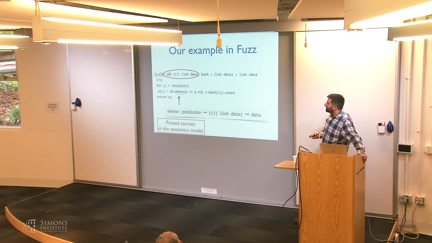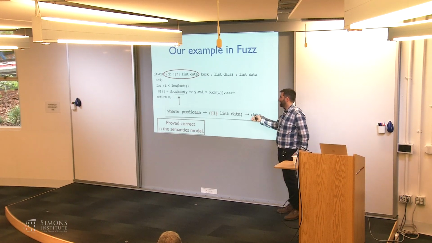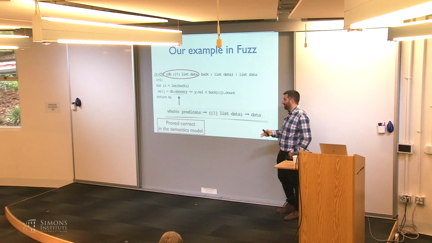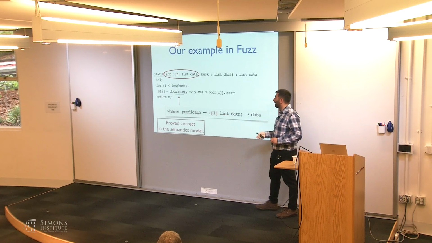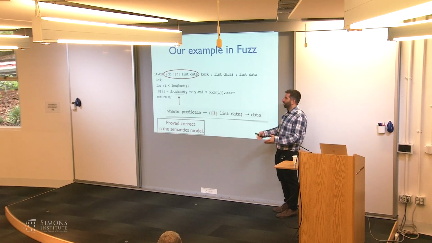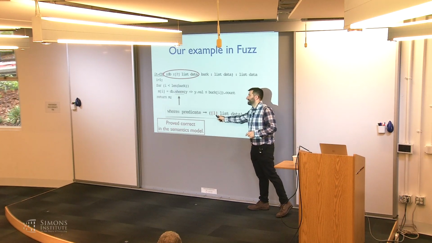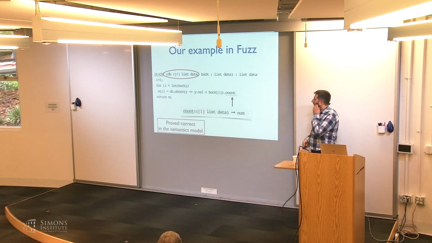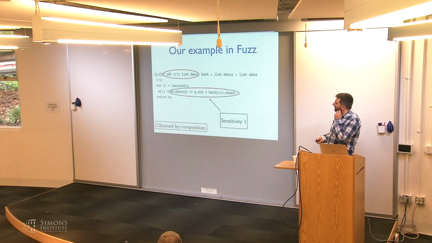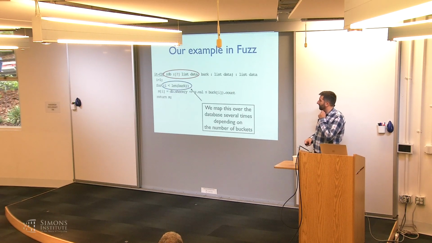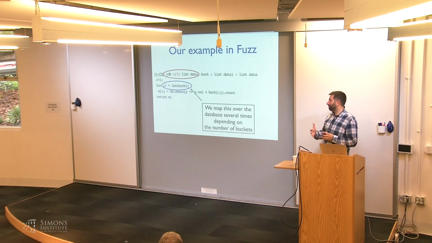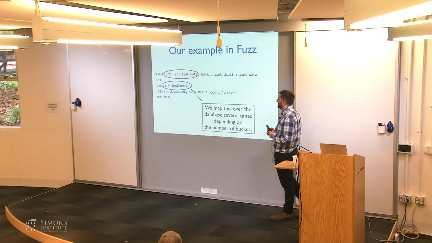As I said before, we have some basic primitives that have some sensitivity. Here I put where as a basic primitive. We can go inside where, because we have this semantic model that supports our reasoning, and we can make sure this is the right sensitivity. We can do the same for count, and then the type checker combines them for us and says that the overall sensitivity is 1.